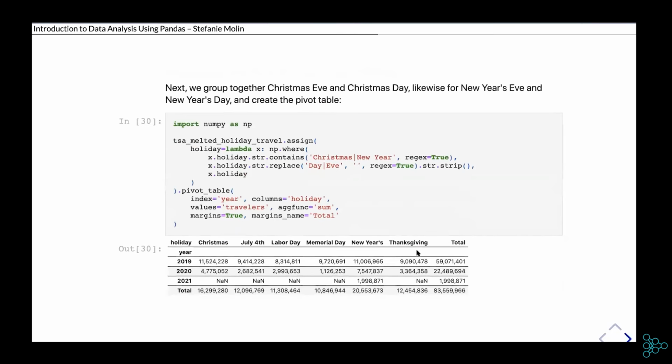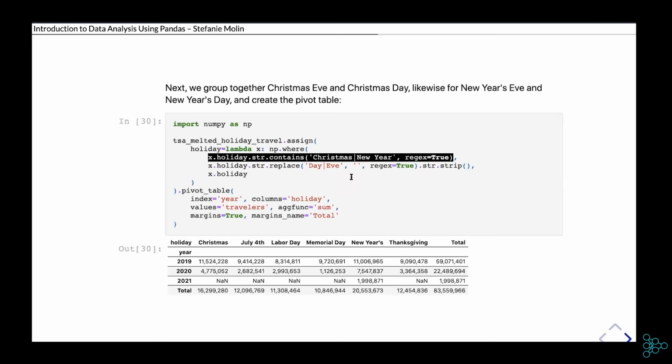Next thing we're going to do is group together Christmas Eve and Christmas Day, and then do the same thing for New Year's Eve and New Year's Day. Then we'll be able to create our pivot table. To do the grouping, we're going to import NumPy as np, and then take our data and call assign to update the holiday column, using a lambda. We're going to use the following rule, using numpy.where, which is a vectorized if-else.